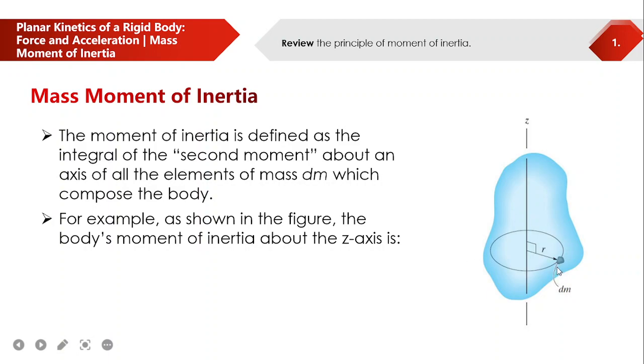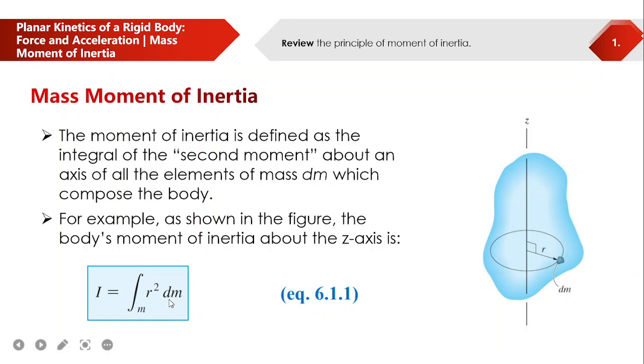This small element we took from the whole body is our dm. By definition, I equals the integral of the second moment, which is r squared, times dm.